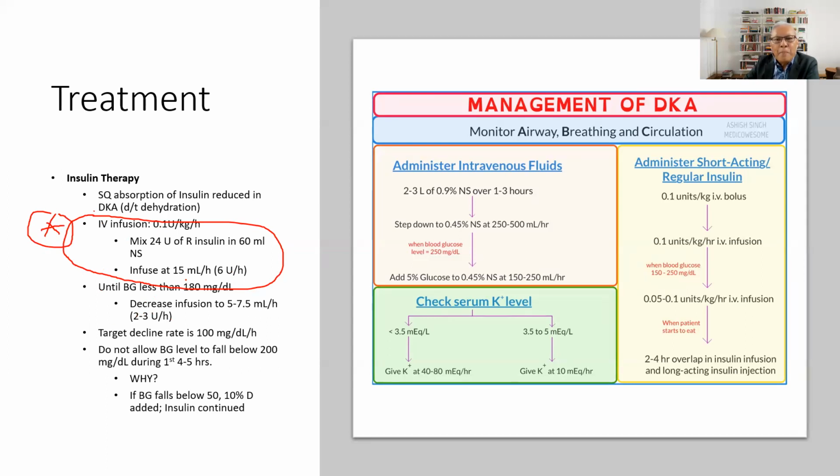Now, we maintain this insulin drip until the blood glucose... The insulin, I was trying to remember, we never do insulin in a bolus, right?